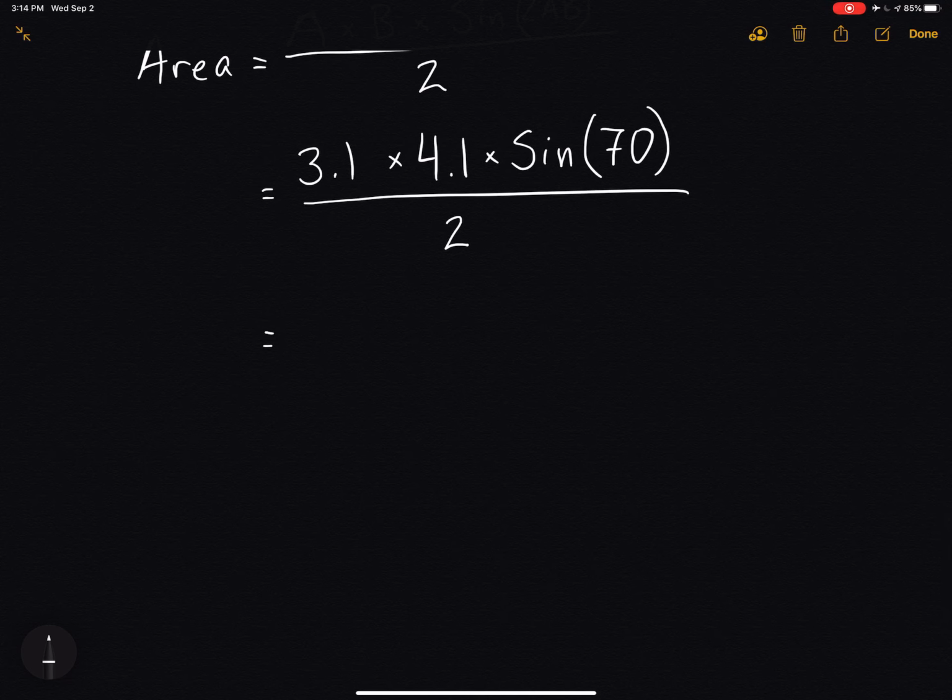And that simplifies down to 12.71 times the sine of 70, divided by 2.